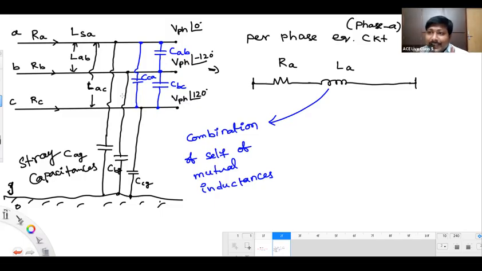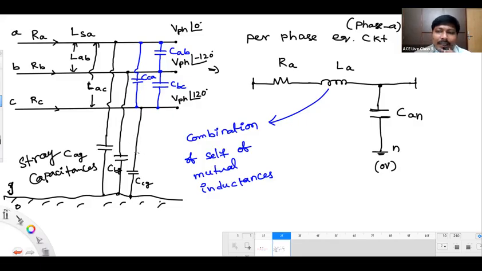Phase A: the effective capacitance of the phase A conductor to zero potential. That capacitance I am going to show in this figure as capacitance of A to neutral. It's a terminal of neutral, zero potential you can consider. Capacitance of A to neutral, CAN.